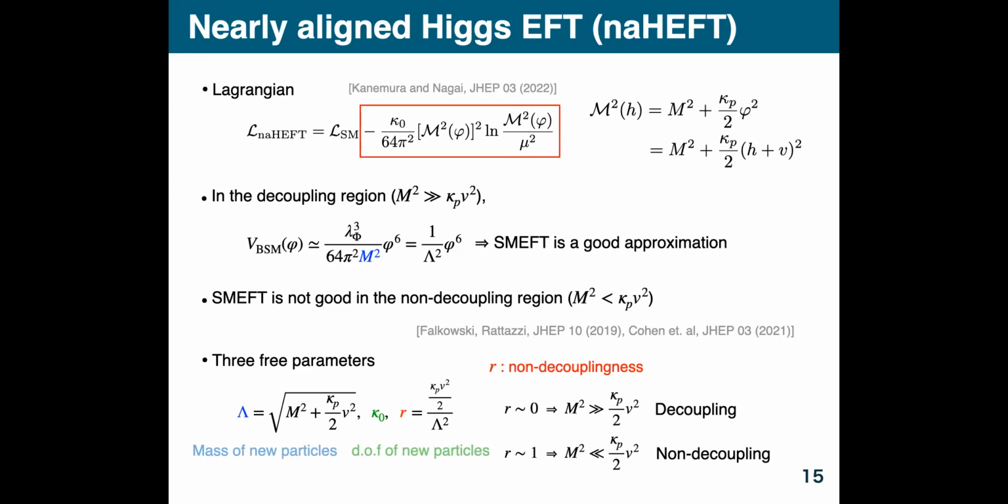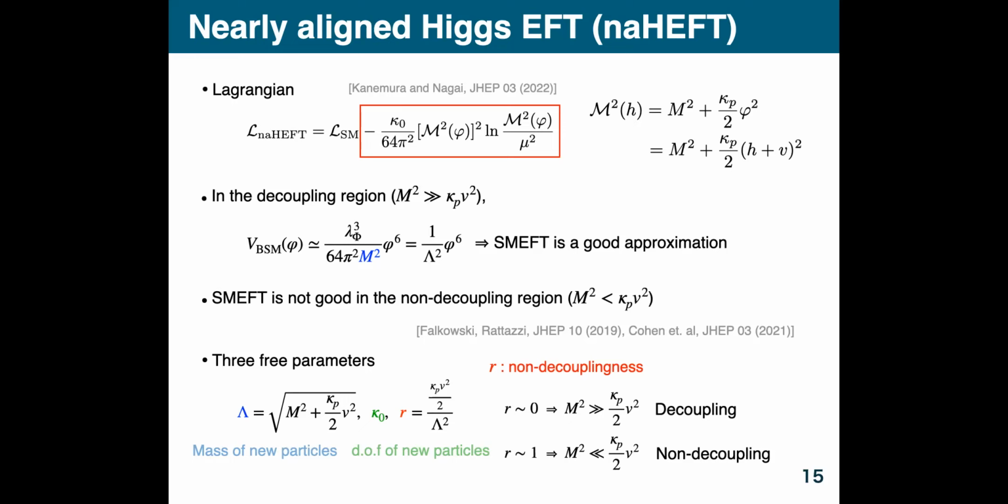The decoupling limit means that when the extra Higgs is very heavy, it is out of the theory. But in your case, you are saying that the alignment is a kind of alignment limit, and the extra Higgs can be light. Yes, and it will give the decoupling. Exactly.